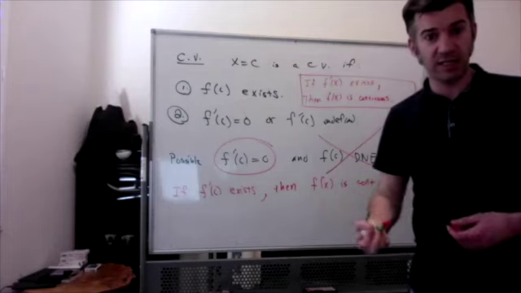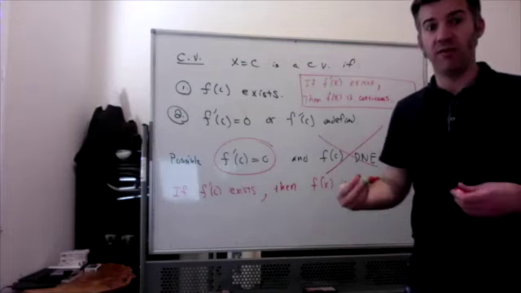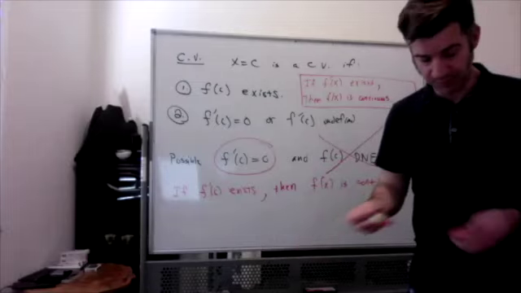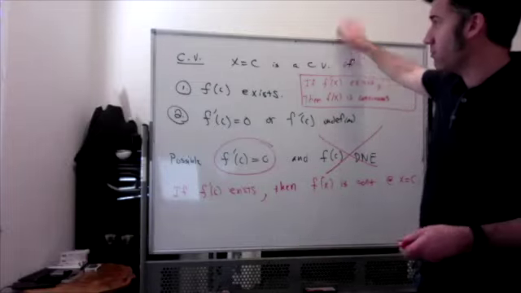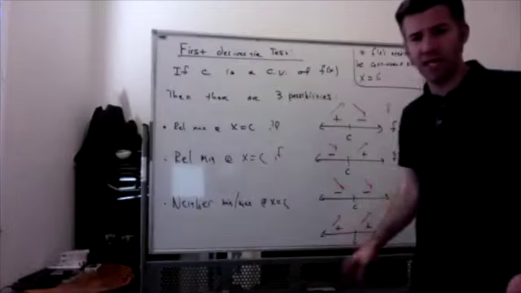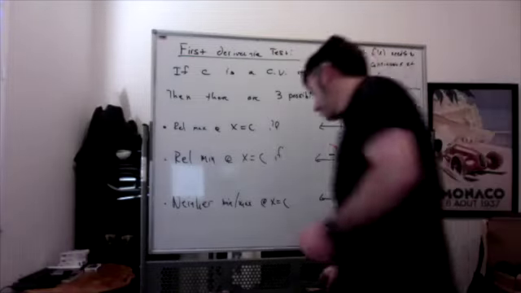If the derivative exists at a particular value, then the function is continuous at that particular value. Let's look at a couple of examples that get more at that point.